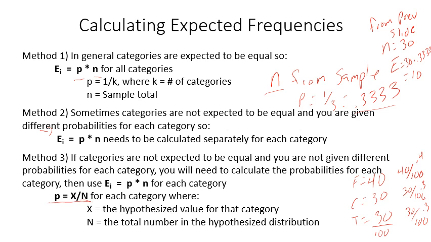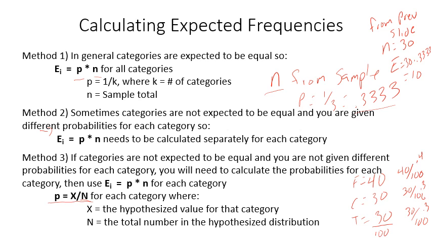Now you apply these probabilities again, going back in the same way you did in method 1 and method 2. If all categories are equal, it's easy. You just do one time, probability times n from the sample, where probability is 1 divided by k, and you apply that expected to all categories.